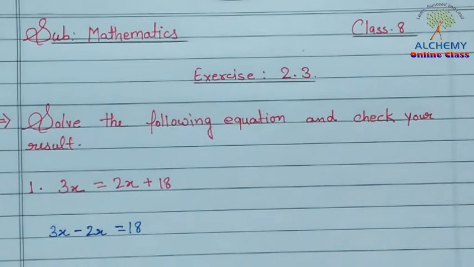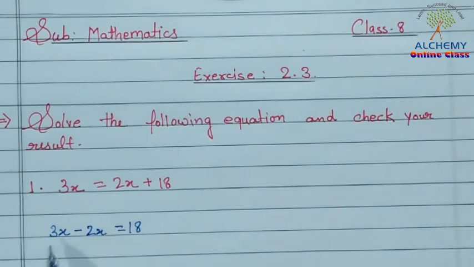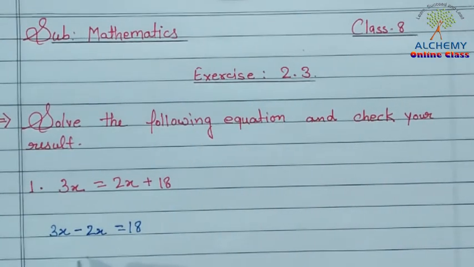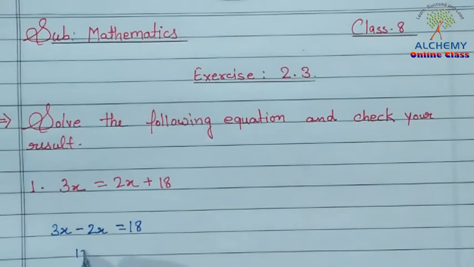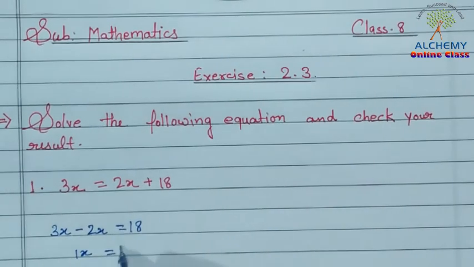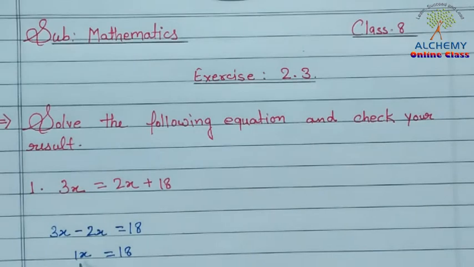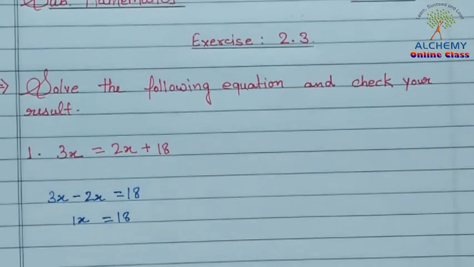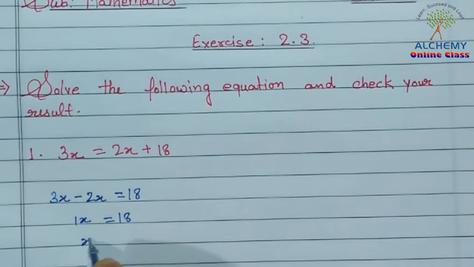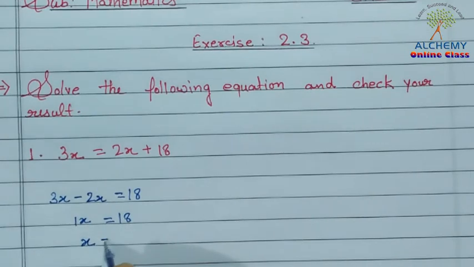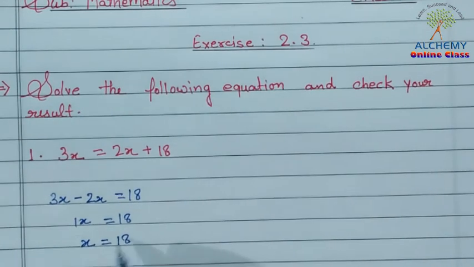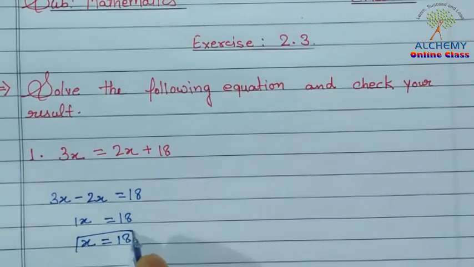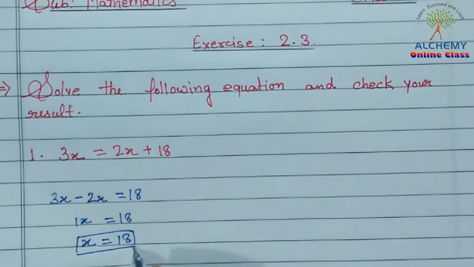Okay, and when we subtract this 2x from 3x, we get here 1x is equal to 18. 1x can be written as x, so we can say what is the value of x. So x is equal to 18. Okay, so this is the value of x.